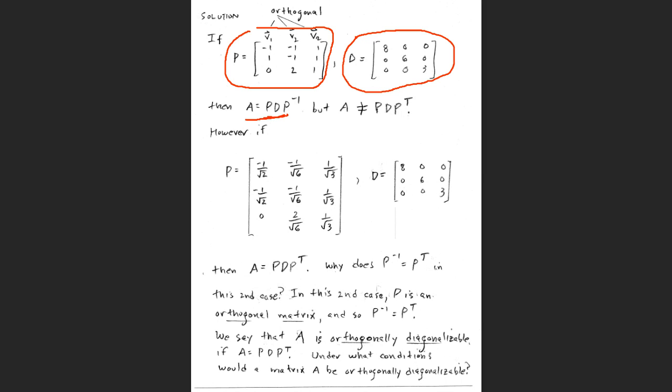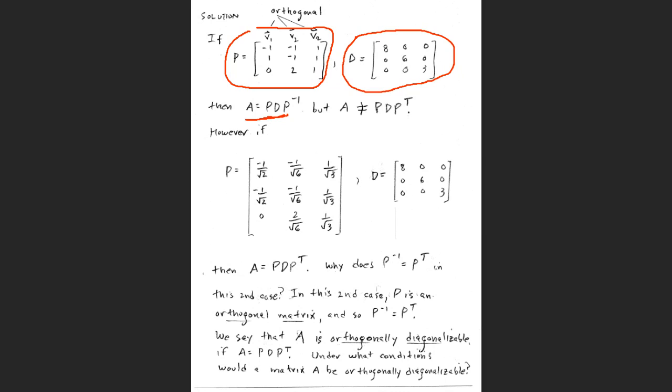And note here that the eigenvectors V1, V2, and V3 are orthogonal to each other. And that is no accident.